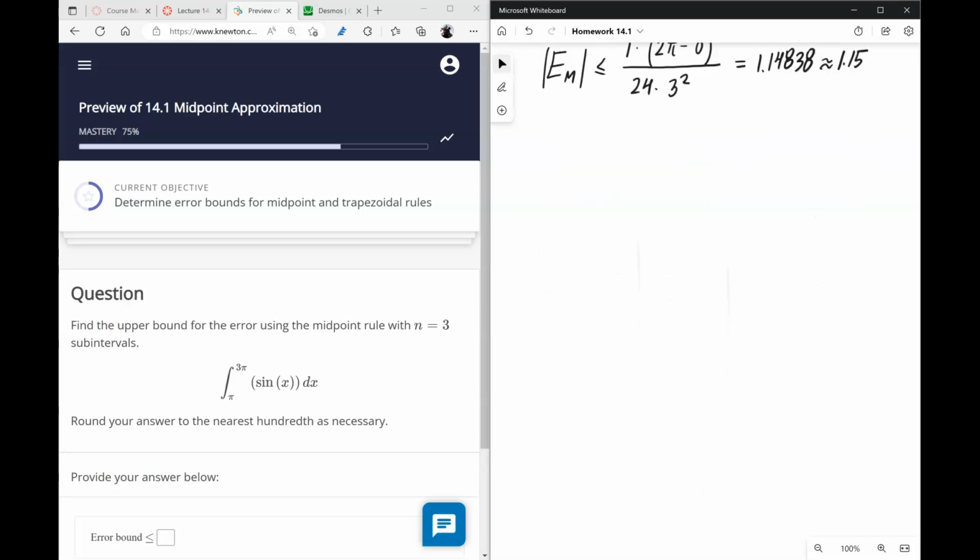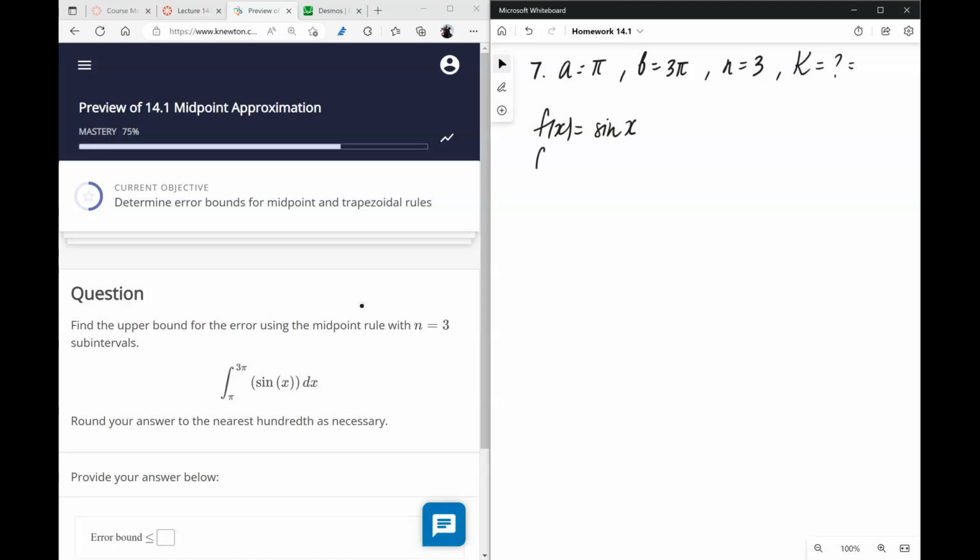It's a very similar question. A is equal to pi, b is equal to 3 pi, n is equal to 3, k we don't know, but we're going to find out because f of x is equal to sine of x, f prime of x is equal to cosine of x.